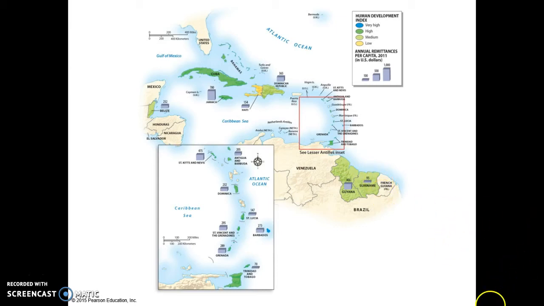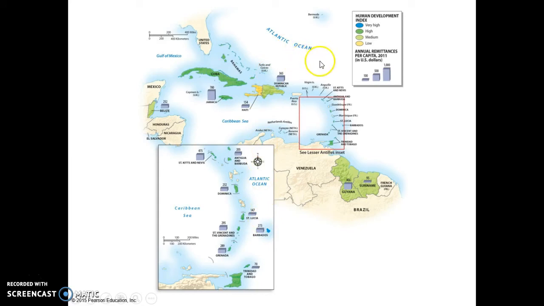French Guyana is not included because it's not a separate country, it's part of France. And you can see some of the Lesser Antilles, they have very high Human Development Index, and Barbados has very high Human Development Index.